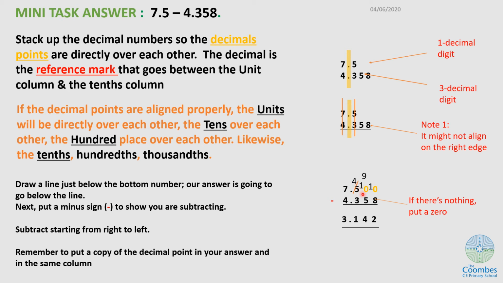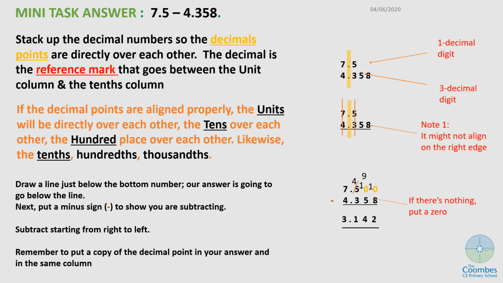I cannot just bring the 1 over here. I must bring it to the next column first, but I don't need it there. So I will have 10, but if I borrow 1 from there, 9 will remain, and I'll bring the 1 there, making a 10. Now I can do my subtraction. 10 take away 8 is a 2.